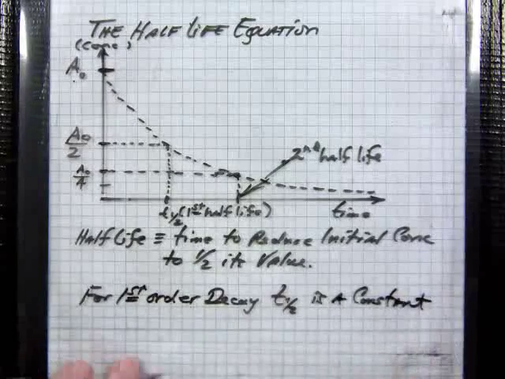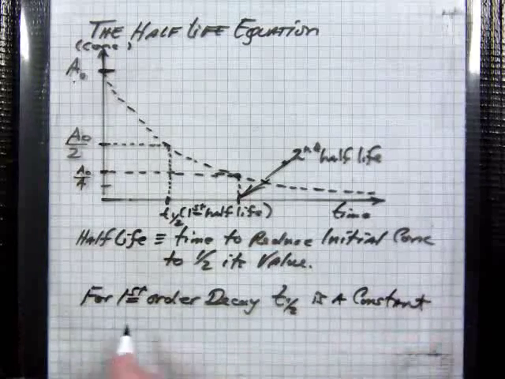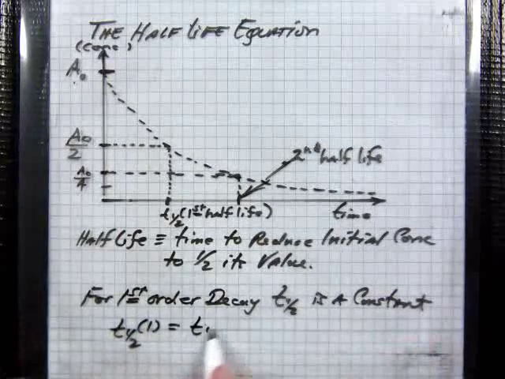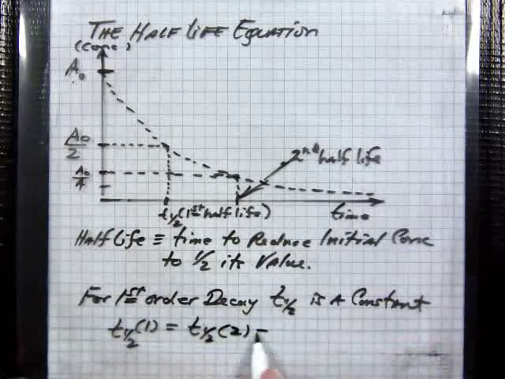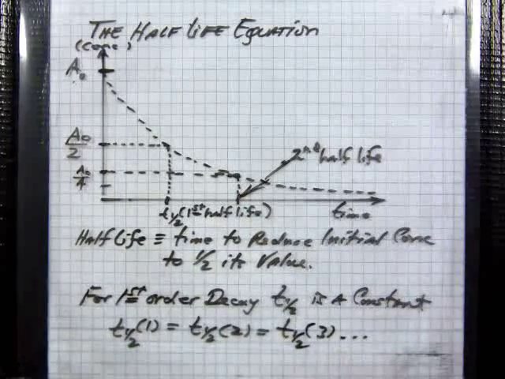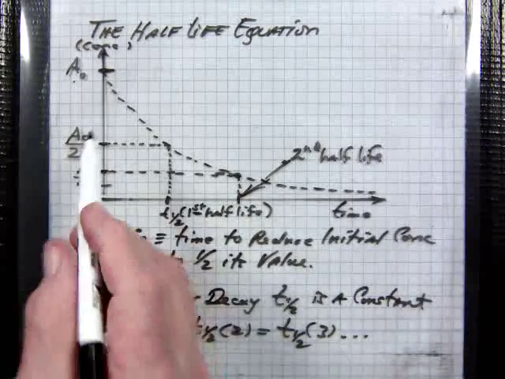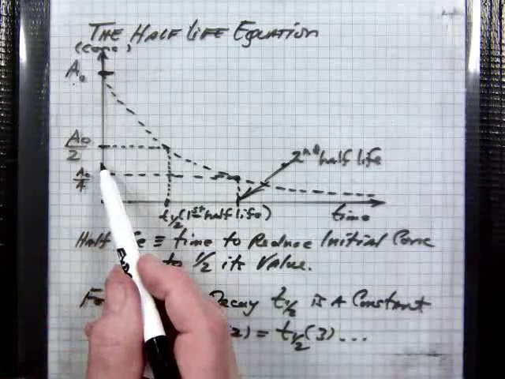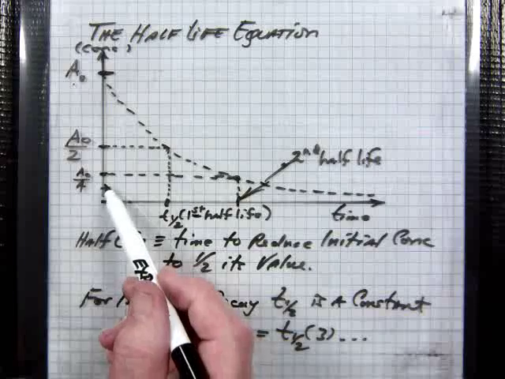That is, your half-life is a constant. That is, T1/2 1 equals T1/2 2, which equals T1/2 3, and so forth. So if you have, say, 10 days for the first half-life, it's going to be 10 days for the second half-life, third half-life, and so forth.